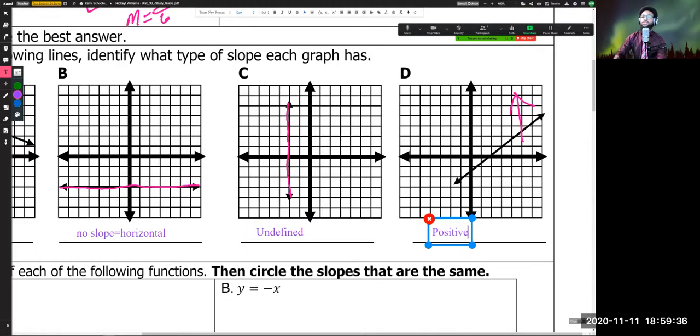All right. So when we have slopes that are going down left to right, that's negative. Slopes that are going up left to right, those are positive. Slopes that are going straight up and down, those are undefined. And lines that are going straight across, those things have no slope.